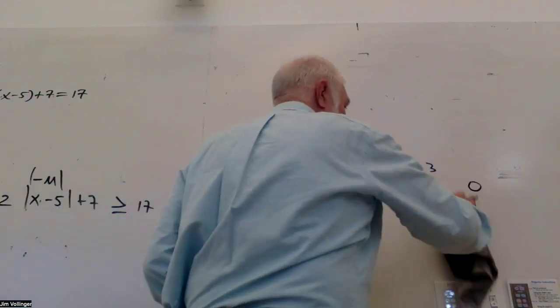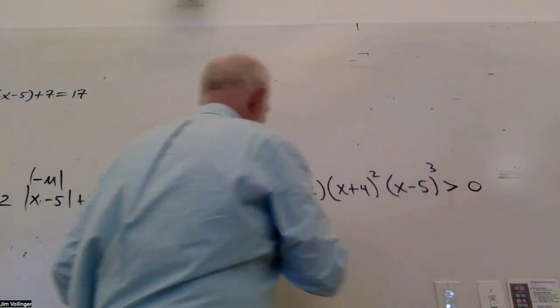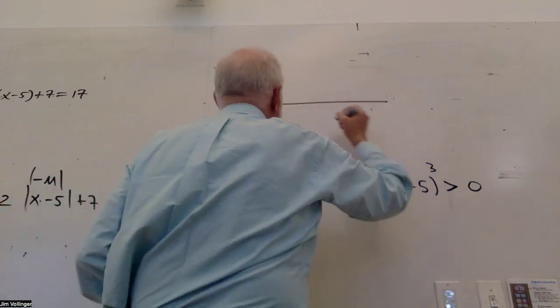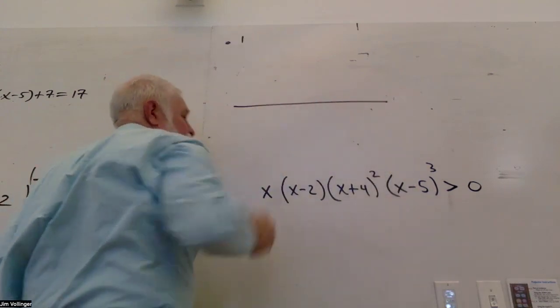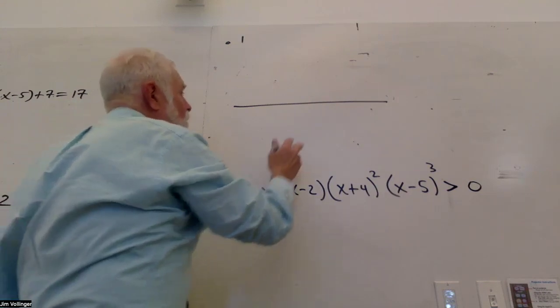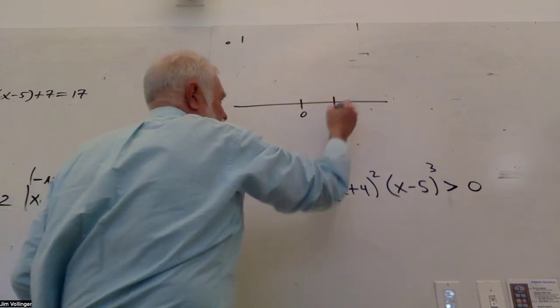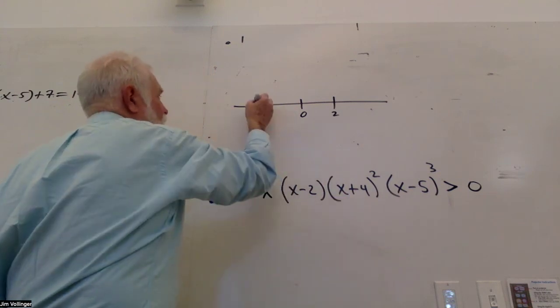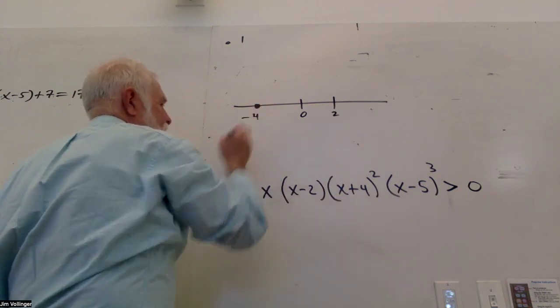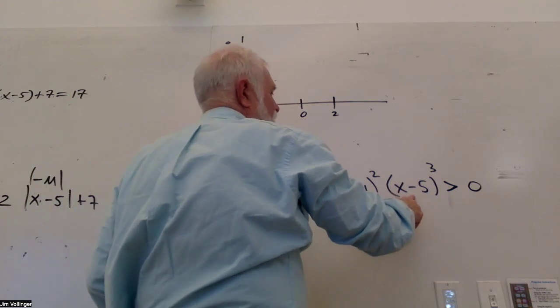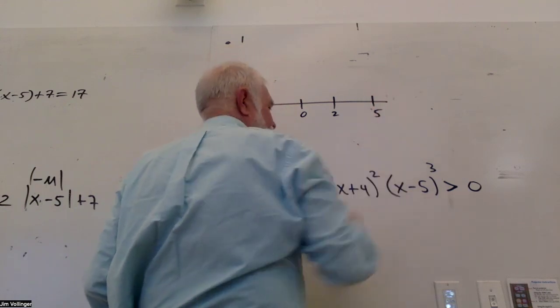So what are the critical numbers? 0. Watch, I'm either going to do a dash or a dot. Try to explain why. 0, dash. 2, dash. -4, dot. +5, dash.